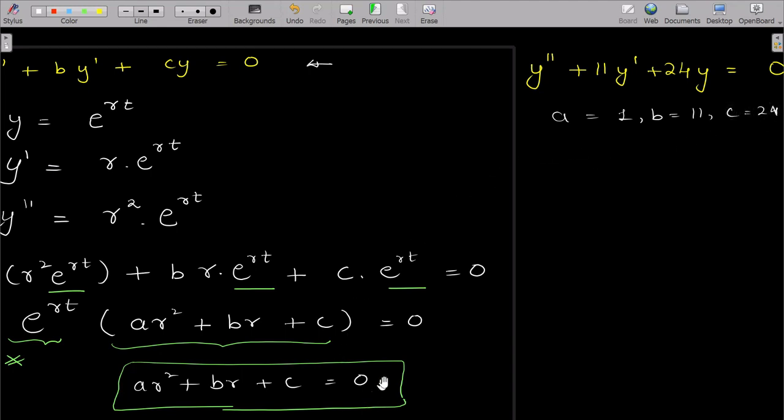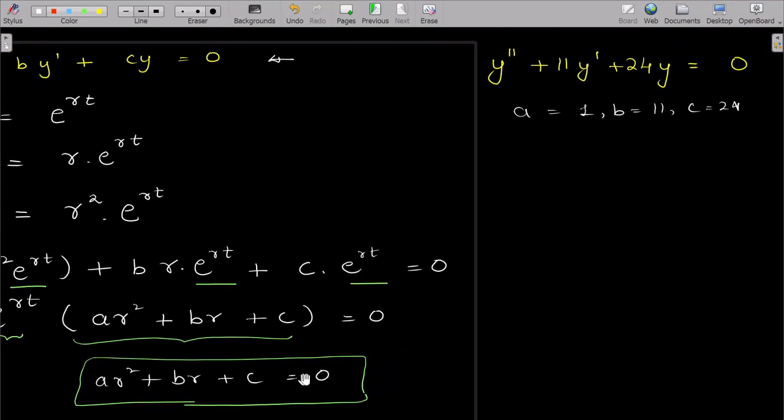So we write this in quadratic form, a r square plus b r plus c. So we get r square plus 11r plus 24 equals 0.